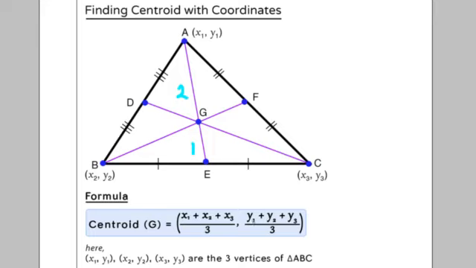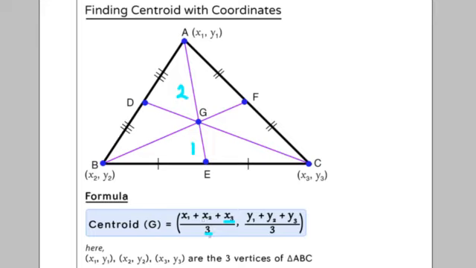It's similar to the midpoint formula, the only thing is one term is added. Previously we had x1 plus x2, but now it's x1 plus x2 plus x3 divided by 3. In the midpoint formula there were only two terms, so it was divided by 2. Here we have 3 terms and it is divided by 3.